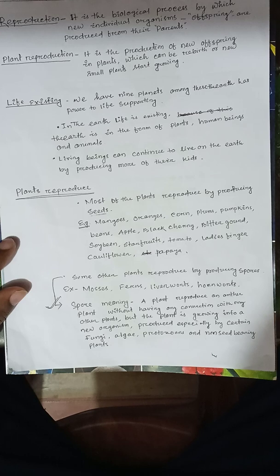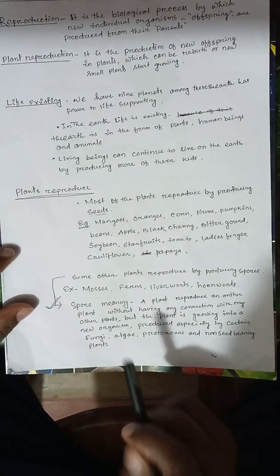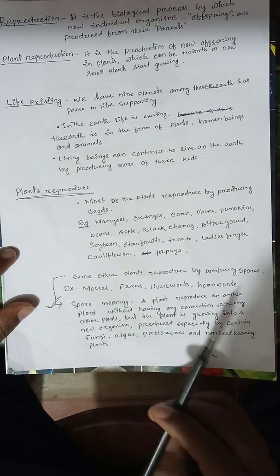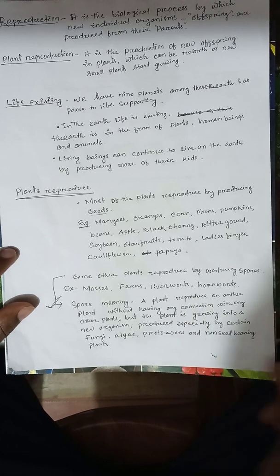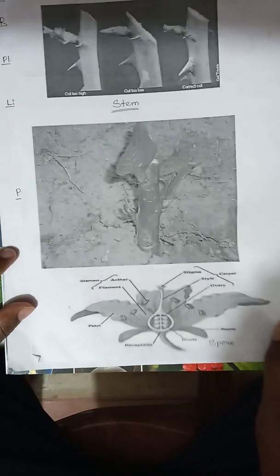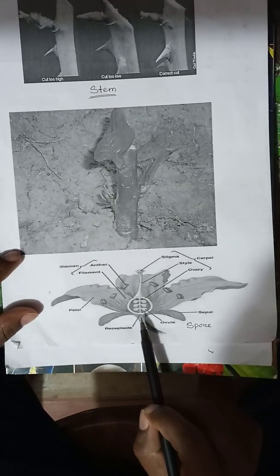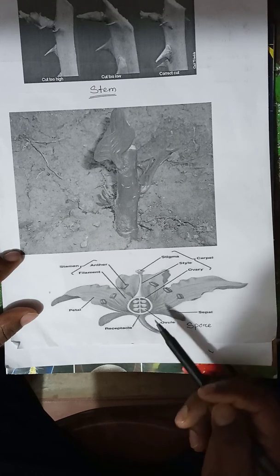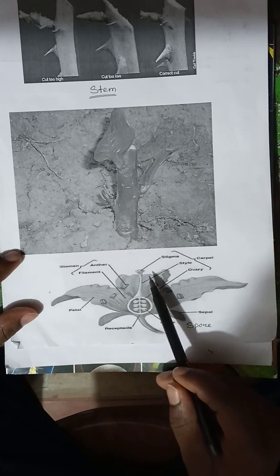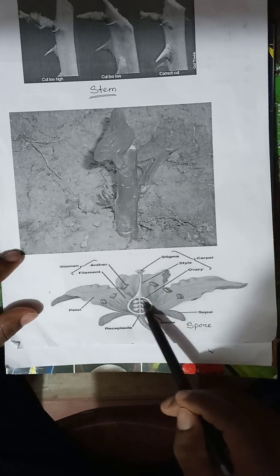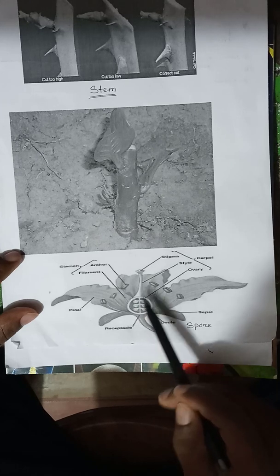So dear children, some examples of these spores: mosses, ferns, liverworts. So here I have made a flower. How does this flower give birth? Through spores, the fungi and bacteria enter inside and they reproduce their new plants.